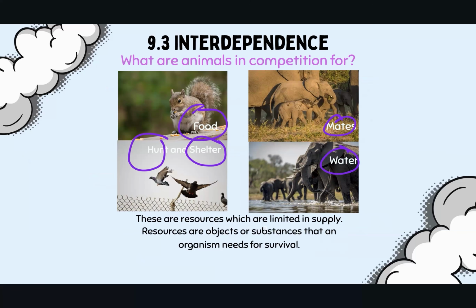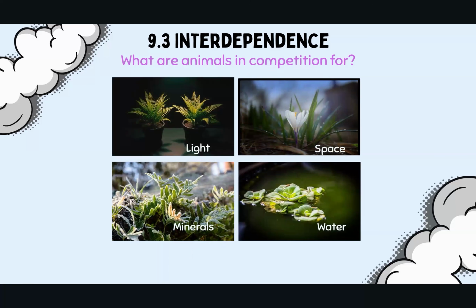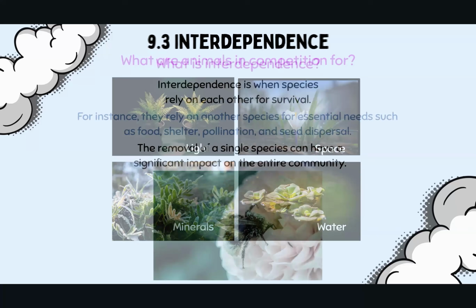Resources are objects or substances that an organism needs to survive. In plants, they compete for light, space, water, and minerals.